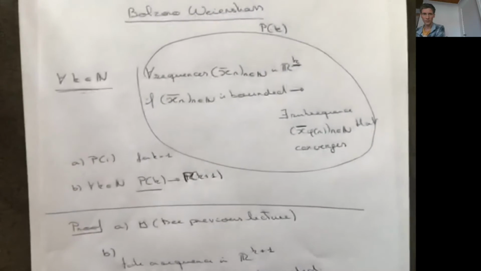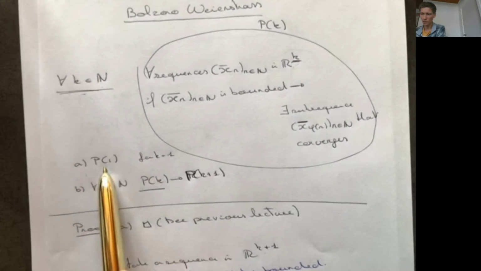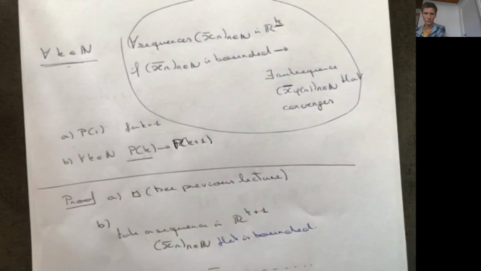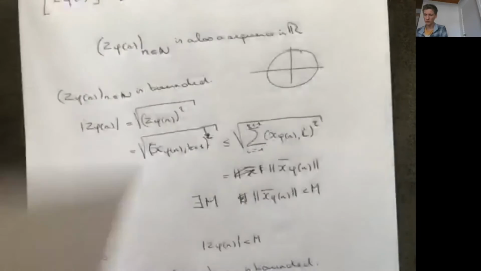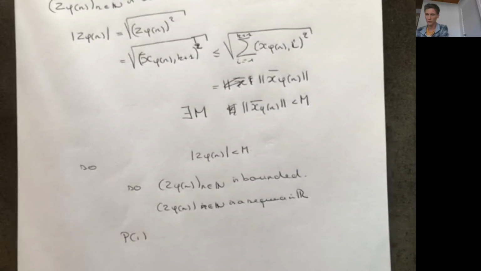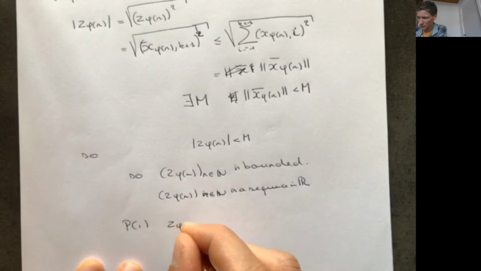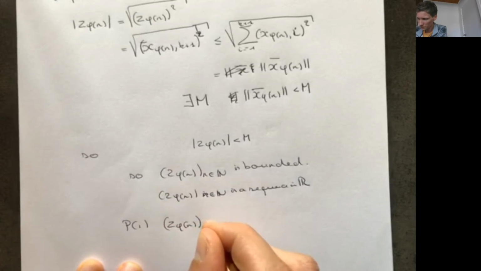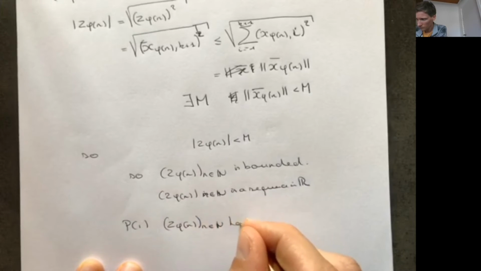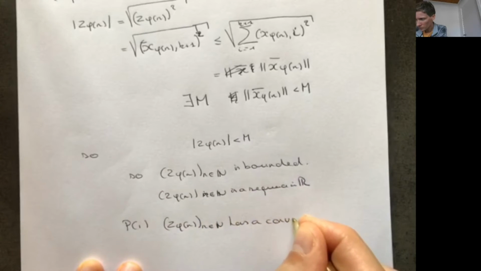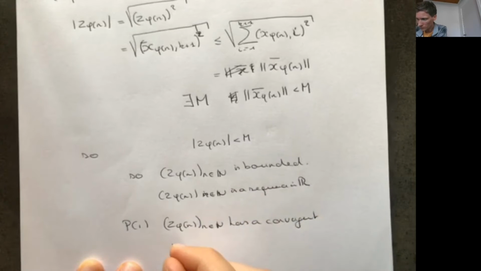So here it is back. We already proved P1, remember, in the previous lecture. So this is basically a bounded sequence in R^n. So this sequence z phi n has a convergent subsequence.